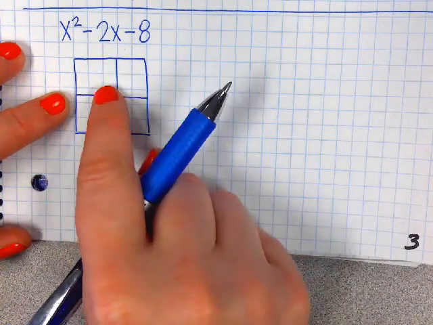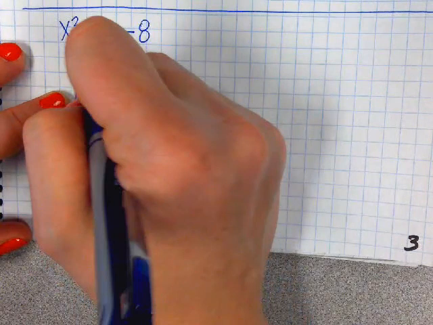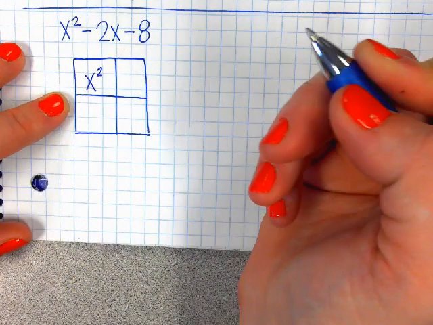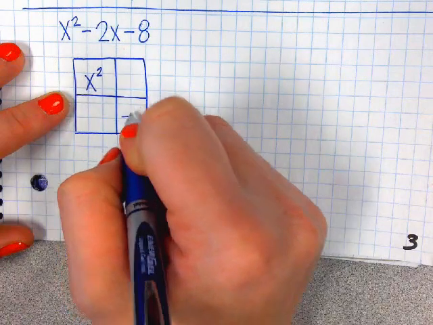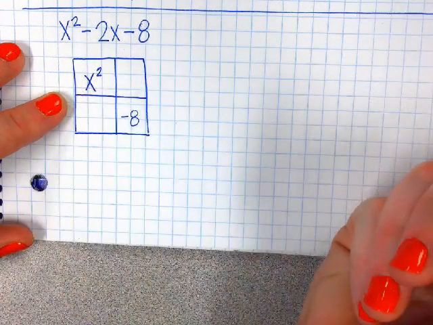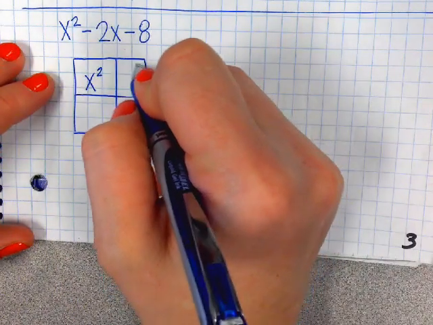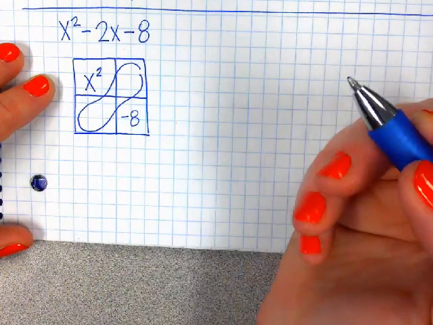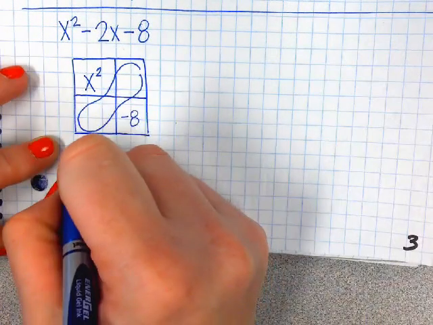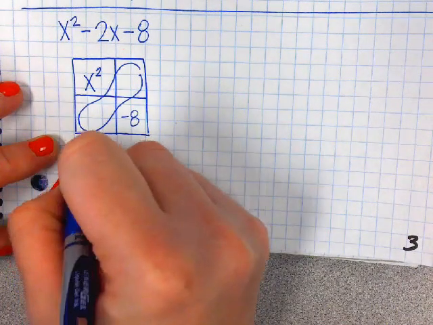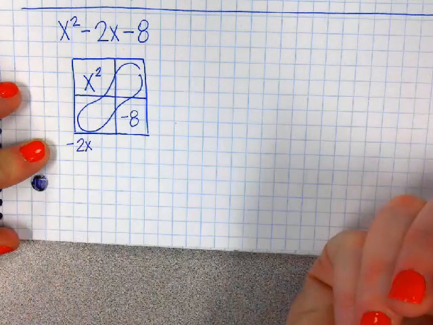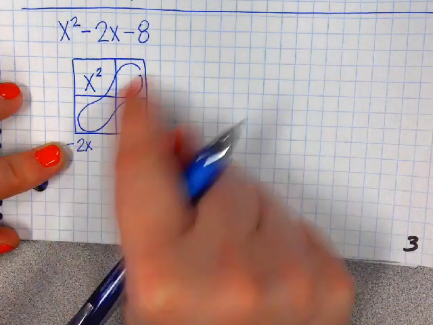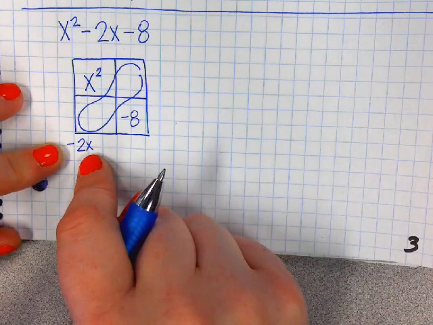What goes in the first box of the box? X squared always goes in the first box. What goes in the last one? Negative 8. And then you're always going to see me put a circle around those two. And what are those two boxes going to combine to get? Negative 2x. So you put the negative 2x to show these two boxes, whatever it is, has to combine to negative 2x.